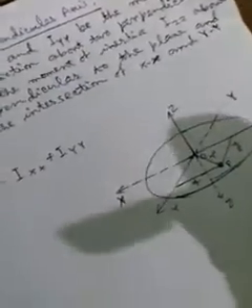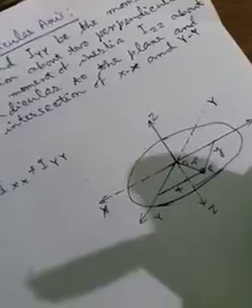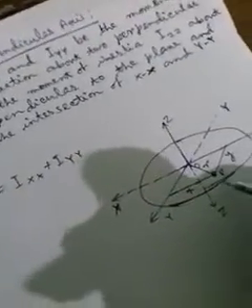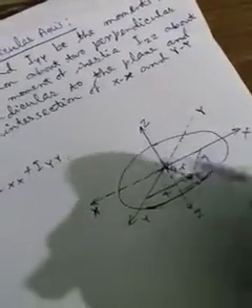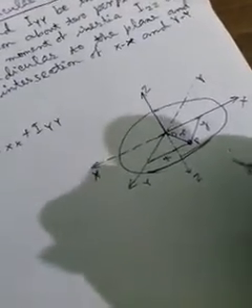The total area of the lamina is A. Now the coordinates of P are x and y, that is, along the x axis it is x, and along the y axis it is y. So the coordinates of P are x and y.